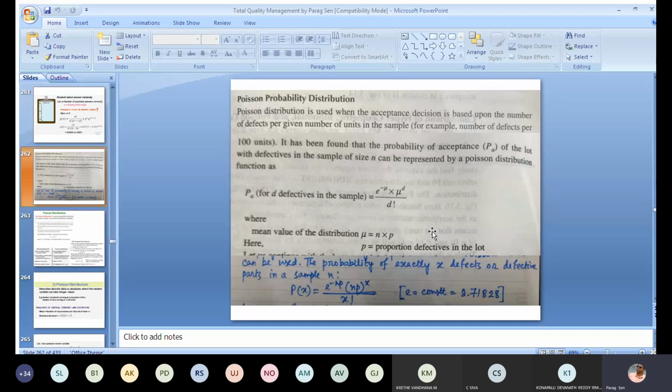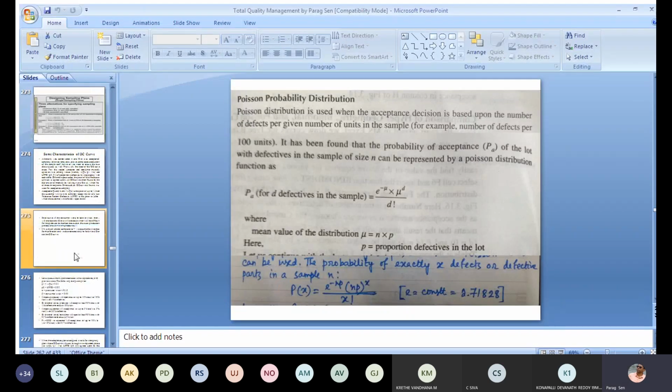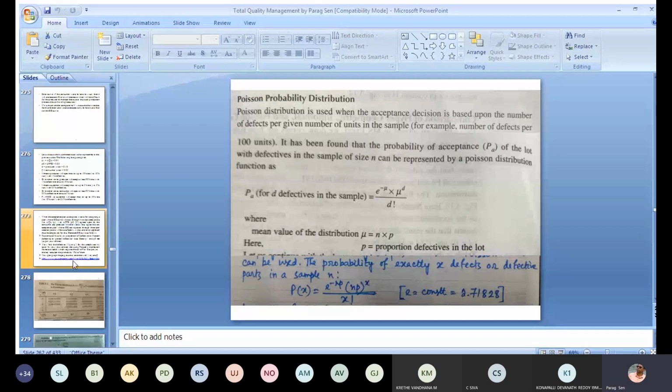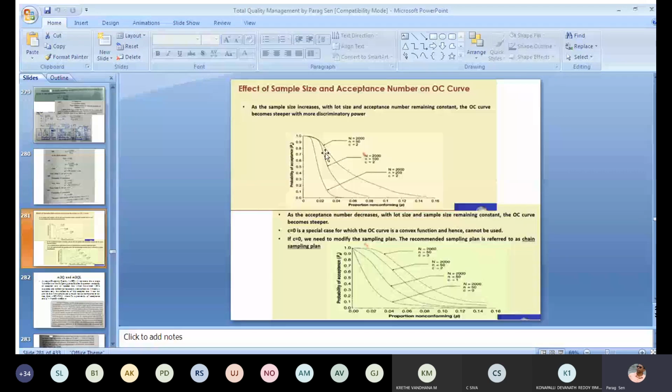Changing all these values, you will find different types of Poisson curves, or operating characteristics curves, for different trials, for different n, a and p values.